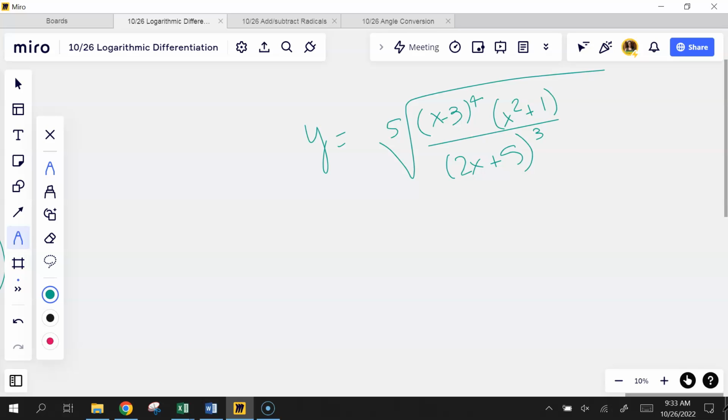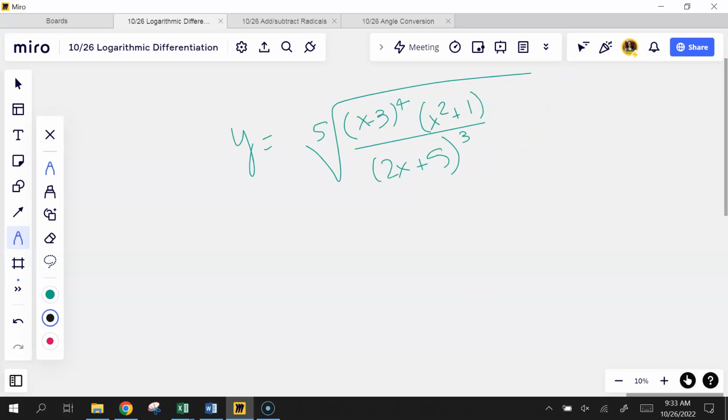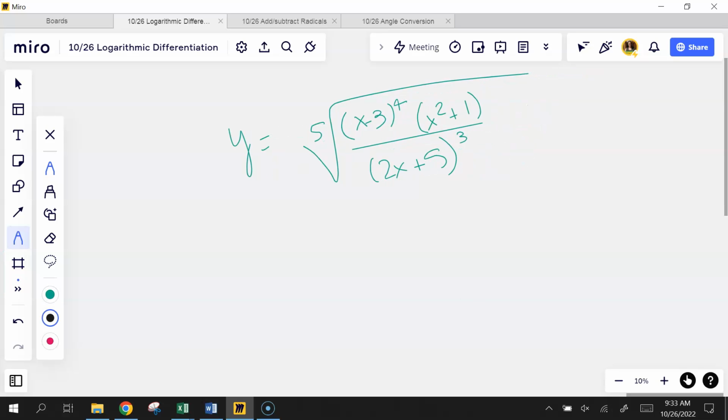Well, but if you think about your log properties, this is really to the 1/5 power, right? So if I log both sides, I'll just help you get it set up because you got another one that looks very similar to this. And then I start using all these log properties that I know. First one being the exponent.